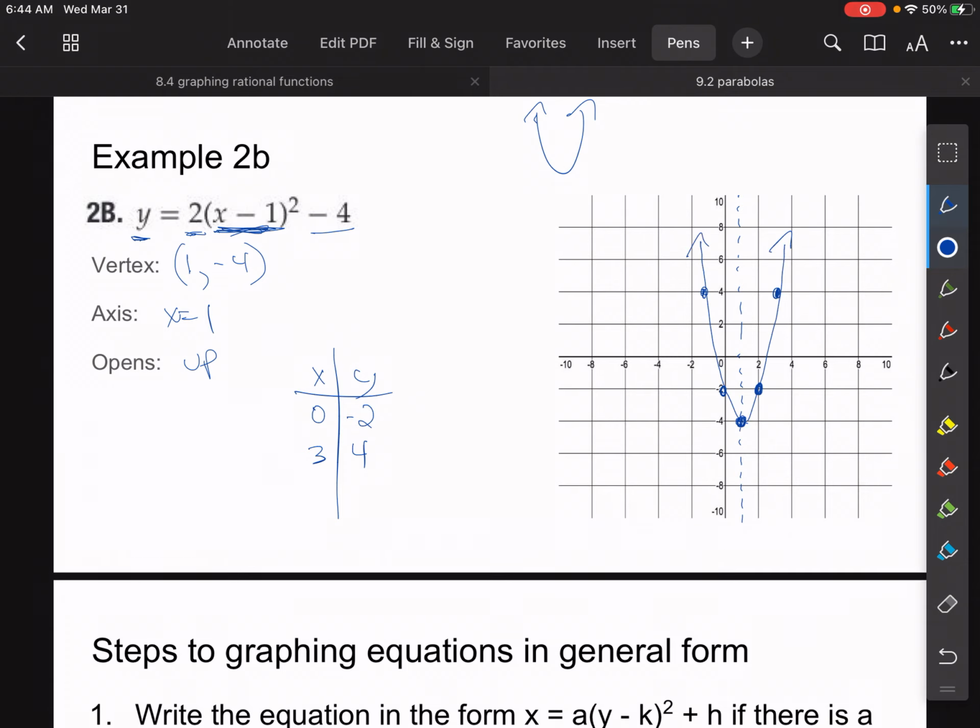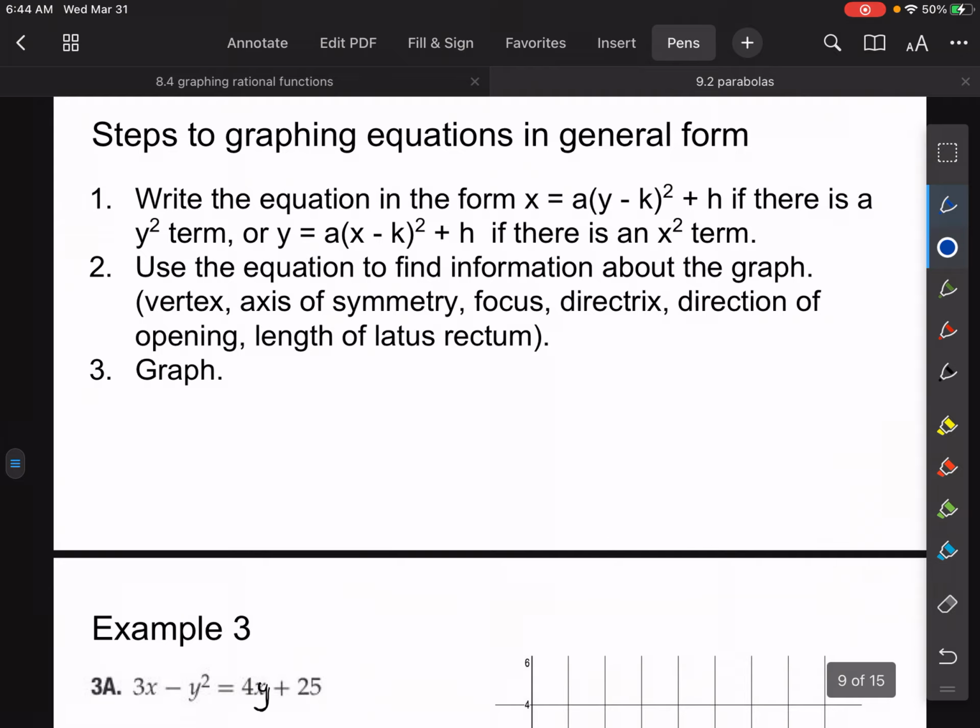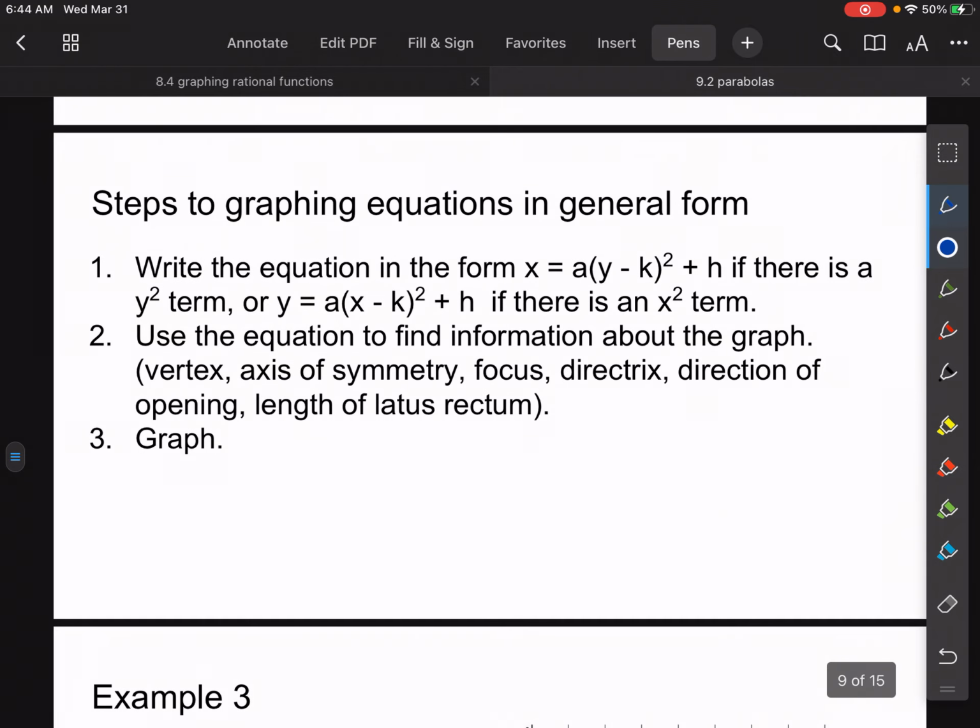Okay, so notice right now we're not focusing on the latus rectum, the focus, the directrix, anything like that, but we're about to. Okay, so now, steps to graphing equations in general form. What we're going to do is write the equation in standard form or vertex form first.